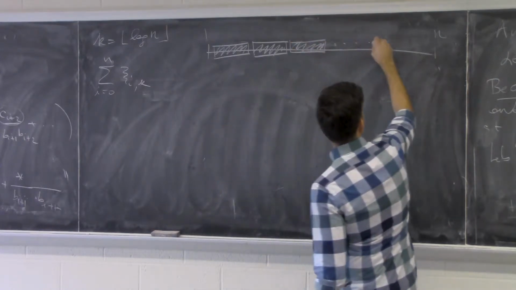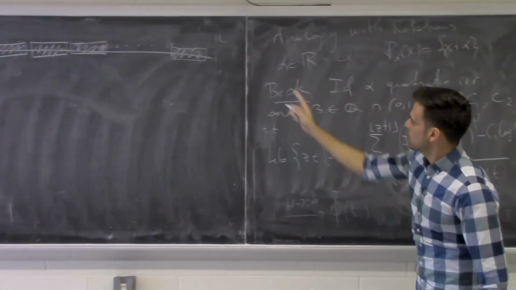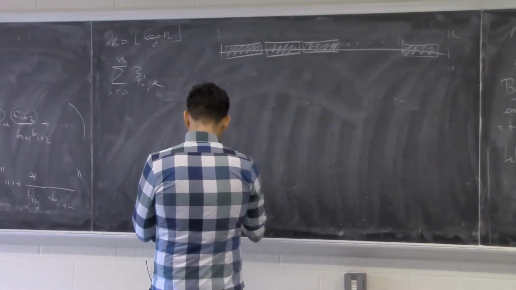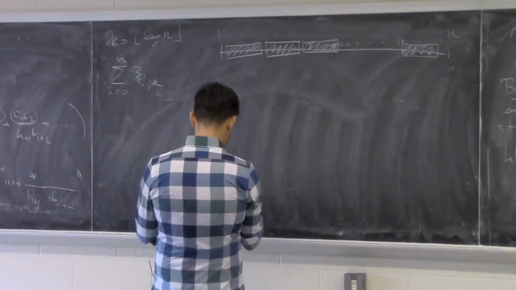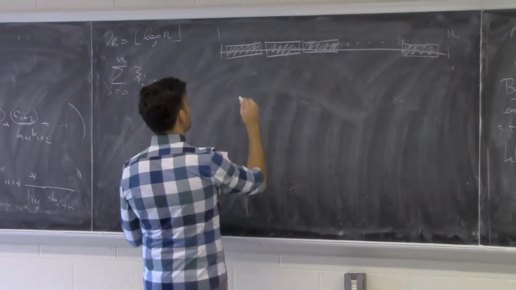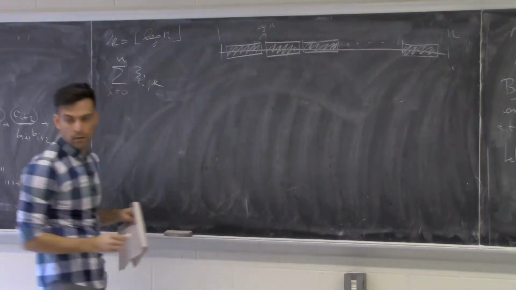So the blocks that I'm coloring are the same length. So now I'll tell you what this length is. So the idea is that these gaps are of order log n.